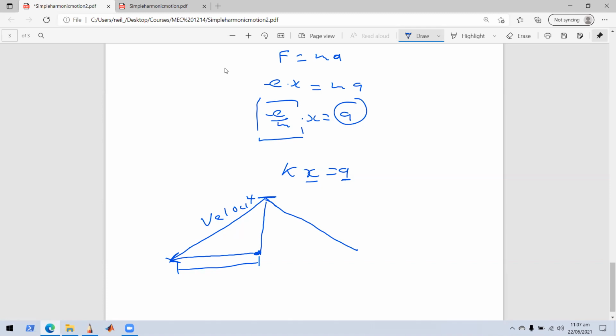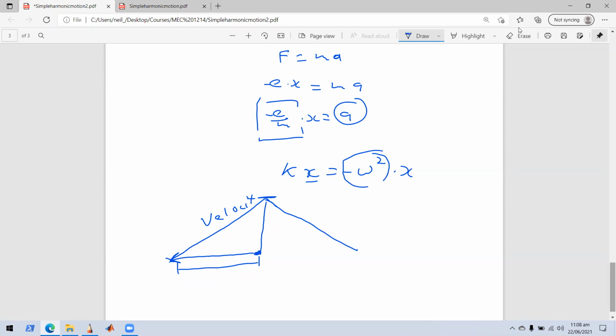And because this displacement or this distance is proportional to a, we can characterize it as simple harmonic motion, simply because a, for simple harmonic motion, is just some constant times x.